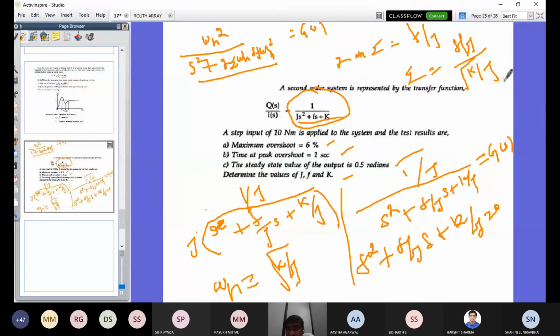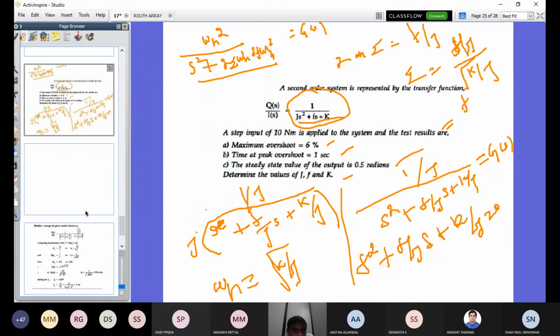So what is the answer? f by j, and the j will get cancelled, so we get root of k by j. Correct.